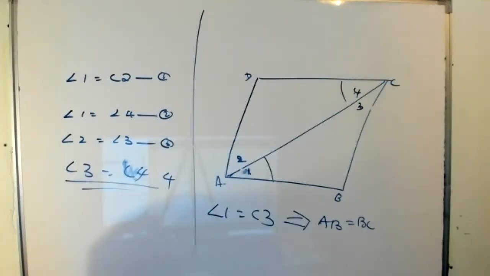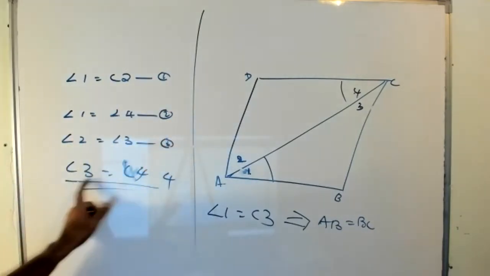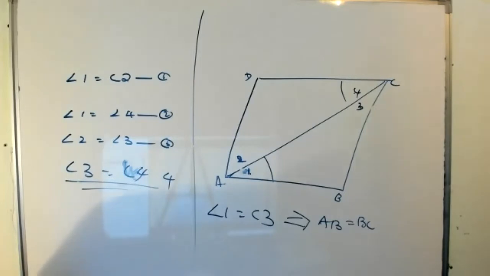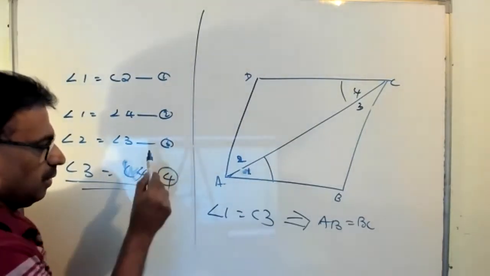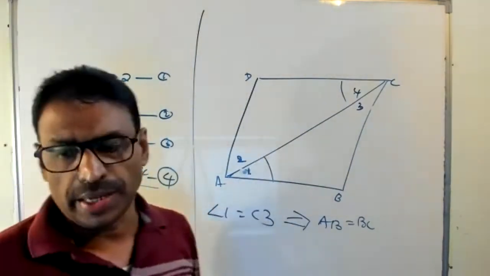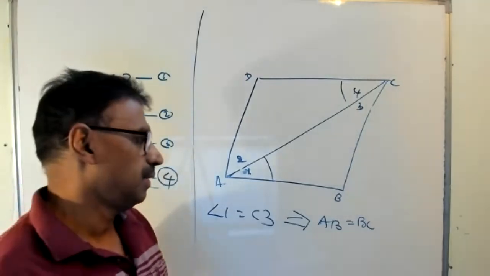Okay, you write now, continue. From 1, 2, 3, 4, angle 3 equal to angle 4. Hence, angle 1 equal to angle 3.